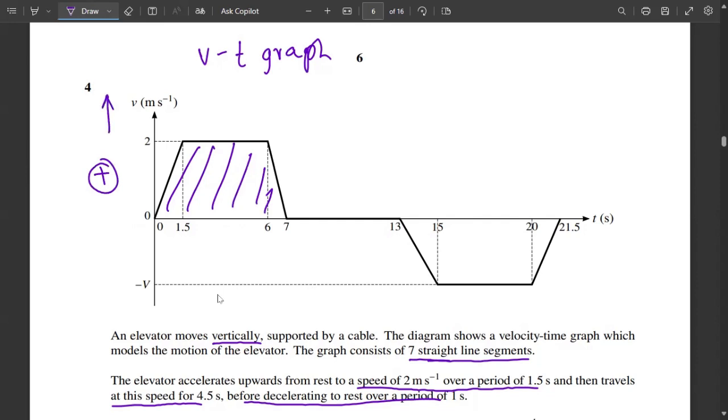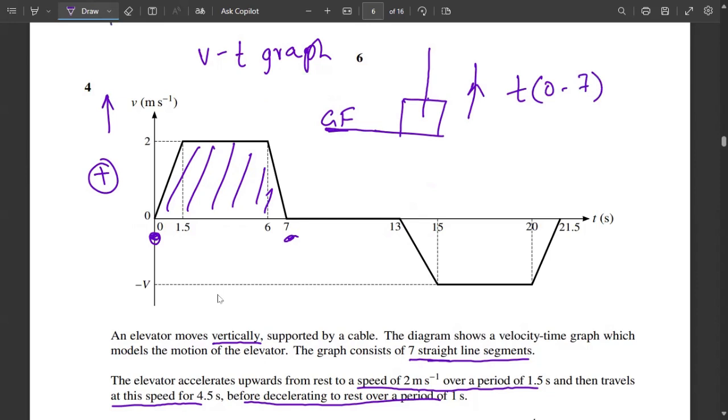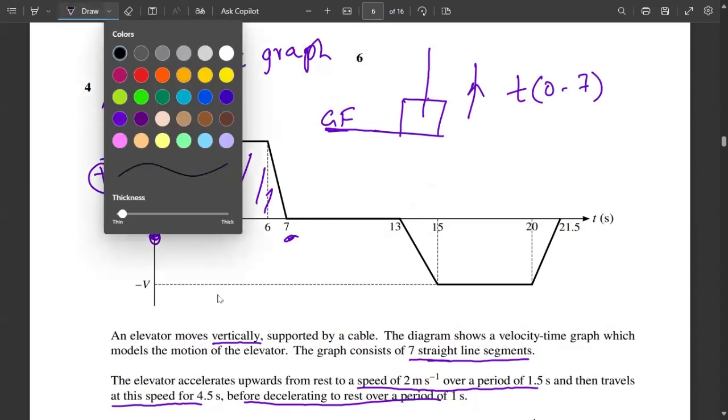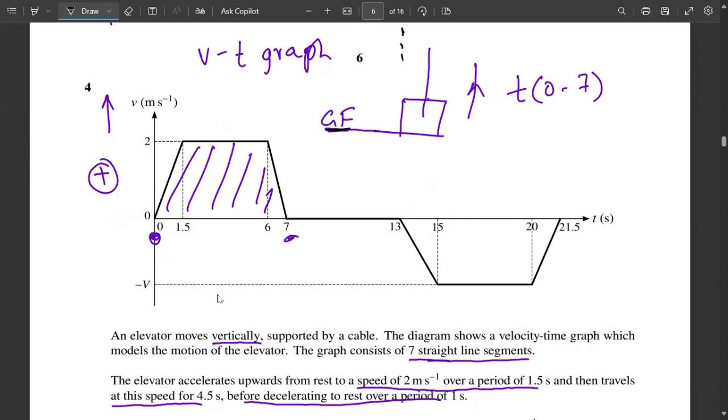Let this be the ground floor. This GF is ground floor, not anything else. So the elevator is moving upwards between time 0 and time 7, so it moves from the ground floor to some distance up here.